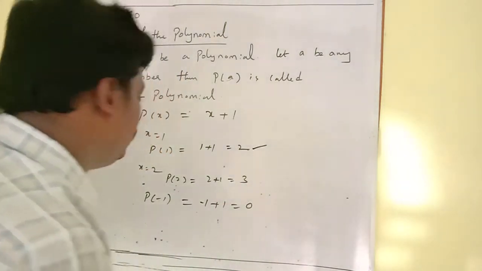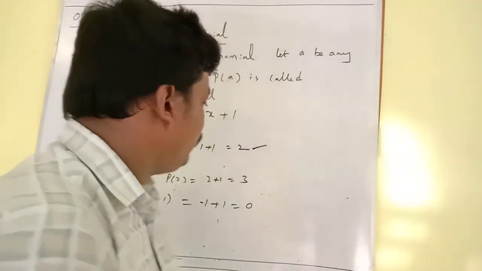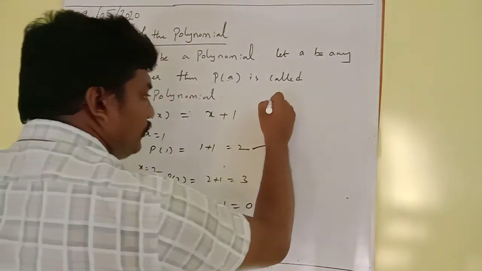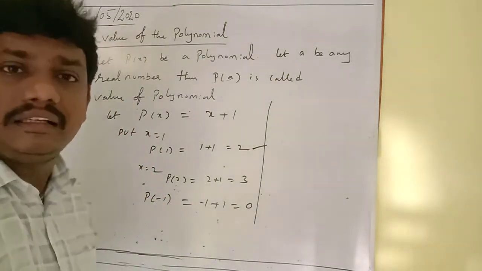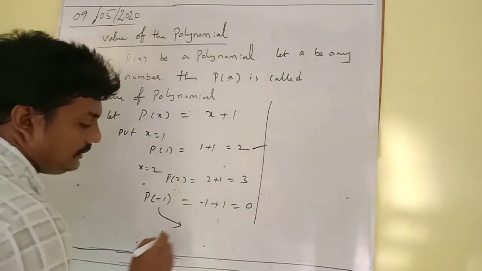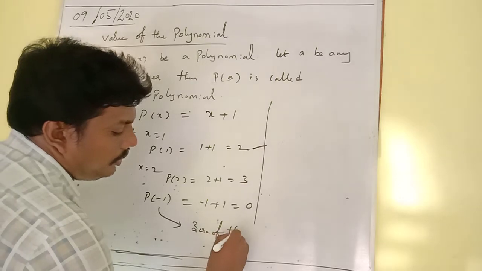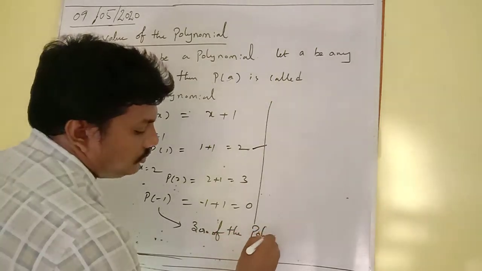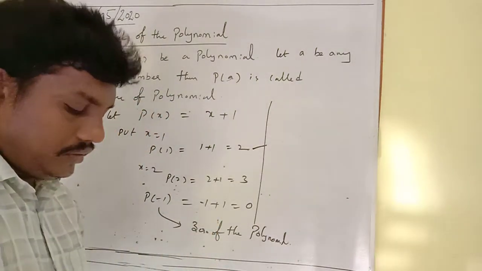So whenever the value of the polynomial is 0, then this real number is known as the zero of the polynomial.